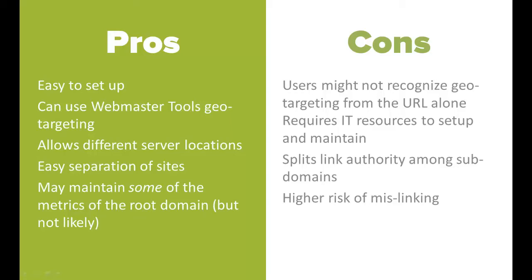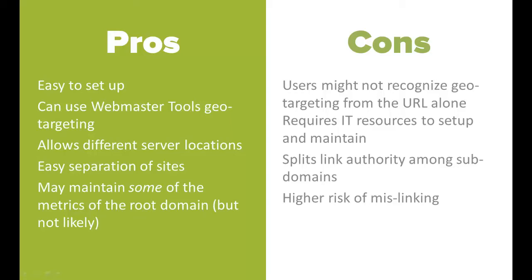There's no standardization of the subdomain targeting, so it becomes kind of ambiguous about what you're targeting there. Another thing is that it requires more IT resources than, say, subfolders to set up and maintain, and in most cases it does split link authority among subdomains.